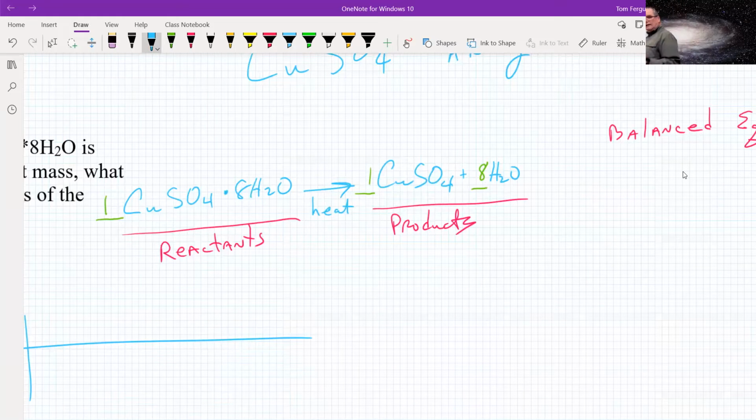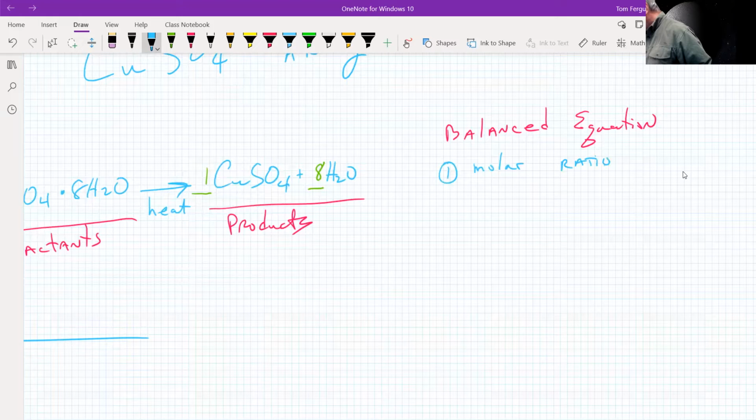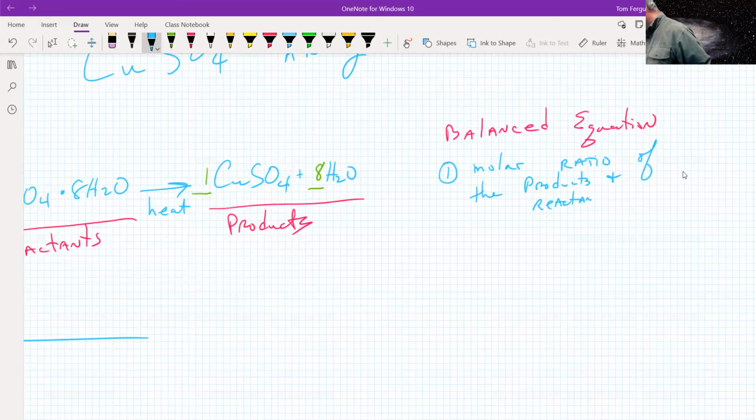And 8. So only if the equation is balanced, that means we have a molar ratio of product.